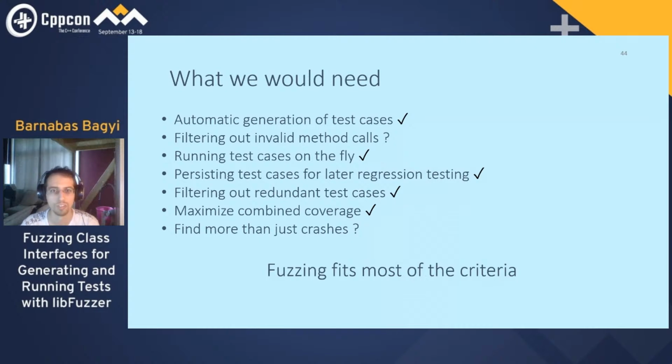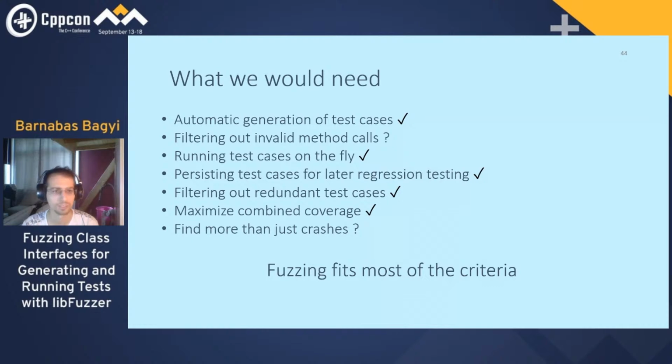Fuzzing runs test cases on the fly, every single fuzzer as far as I know, and libFuzzer maintains the corpus as a directory on the file system, so persisting test cases is also taken care of. libFuzzer also has the ability of rerunning tests from a previously generated corpus. Filtering redundant test cases is also done by libFuzzer by simply not even saving them onto the corpus directory.